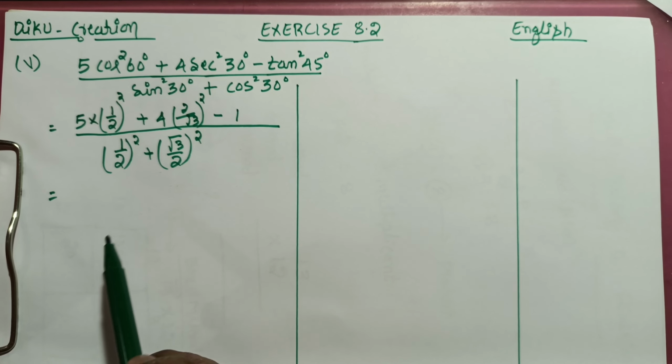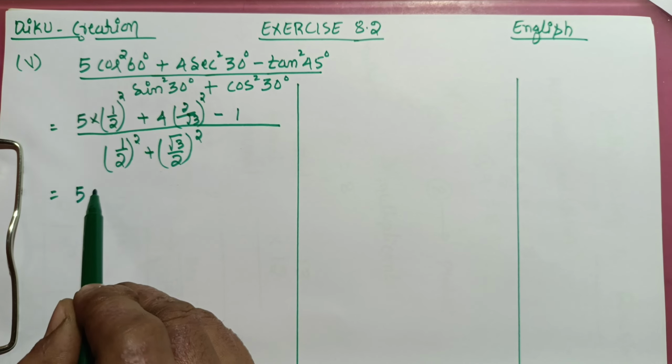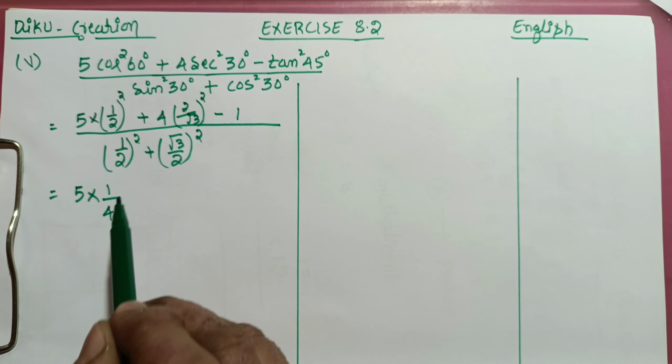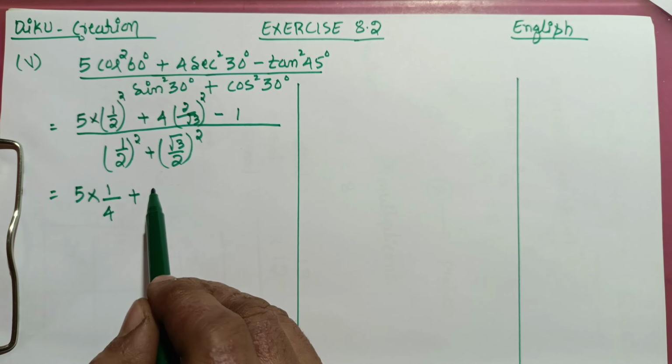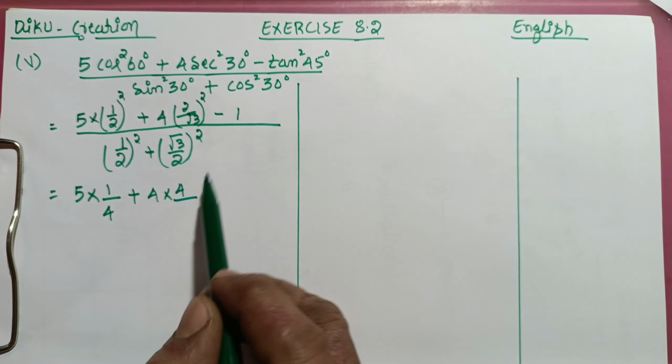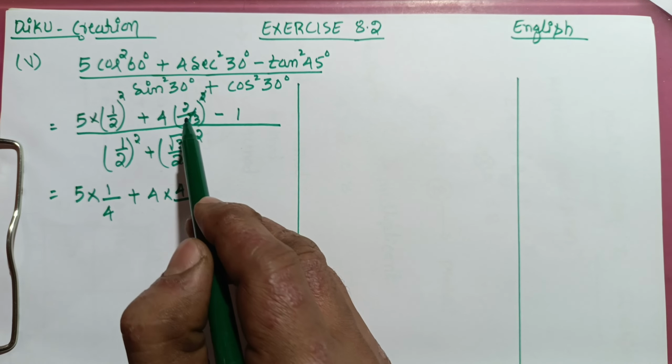Now I need to simplify them. 5 into 1 square is 1 divided by 2 square is 4, plus 4 into 2 square is 4 divided by root 3 square, and square and square root get cancelled.